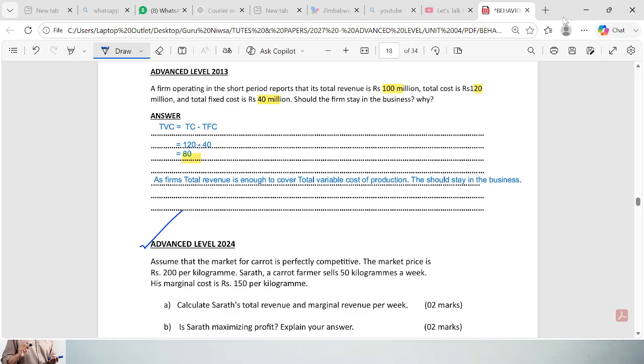There will be 25 MCQs and 5 essay questions. Out of the 5 essay questions, you can answer 3. It will be a 3-hour paper. Okay with this?